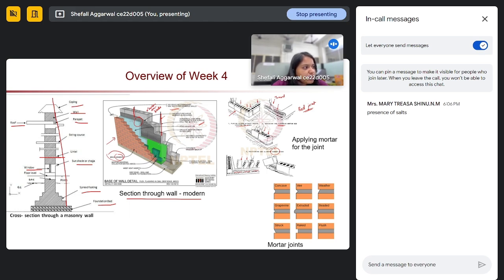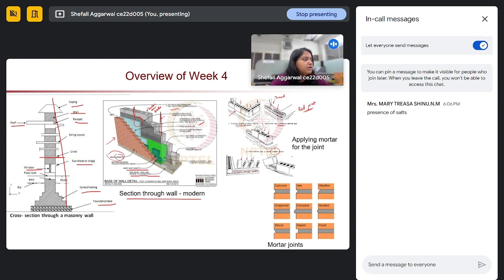And here we are providing weep holes so that moisture does not get inside our structure. The other thing is we are providing foundation and sealing to the foundation, so that there is no capillary action of the water from the bottom. And many other things are there, so you can read about it.